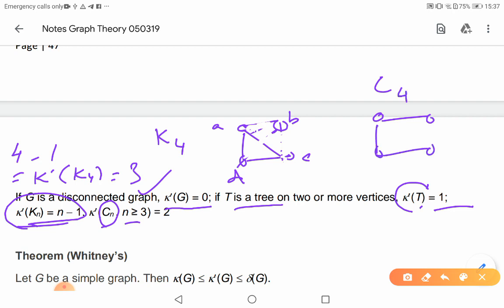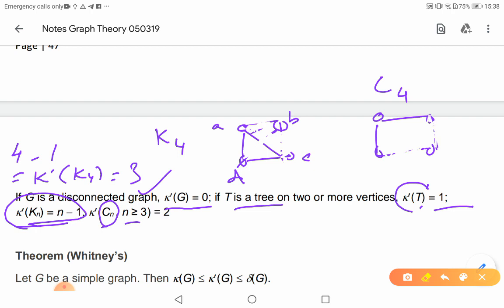So if we want to disconnect the graph, I can erase these edges and erase these edges.